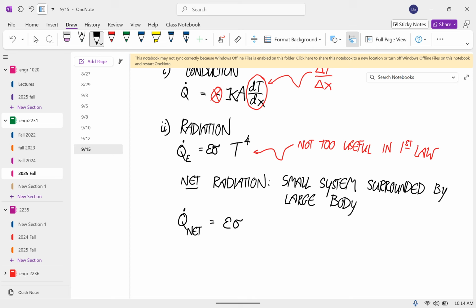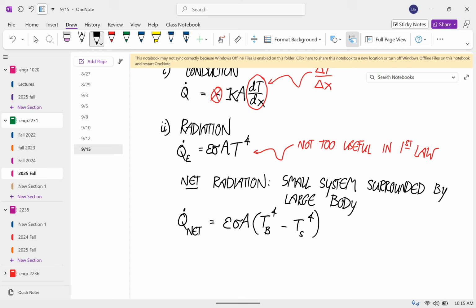But we have the emissivity times the Stefan-Boltzmann constant times the surface area of the object. And then same thing in here, emissivity, Stefan-Boltzmann constant, times the area of the smaller body, times the quantity temperature of the body to the fourth, minus the temperature of the surroundings to the fourth.